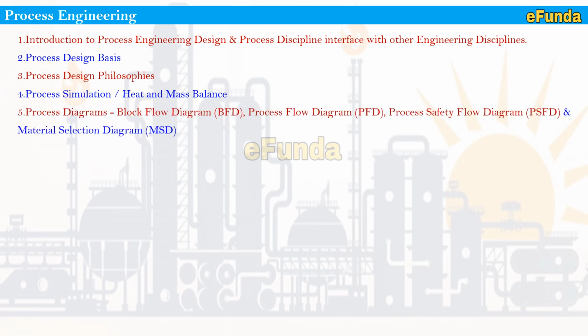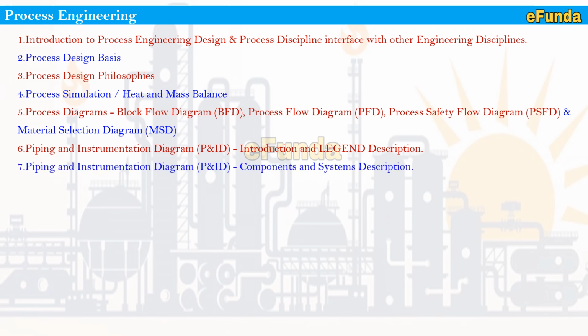Fifth, process diagrams, that is block diagram, BFD, process flow diagram, PFD, process safety flow diagram, PSFD, and material selection diagram, MSD. Sixth, piping and instrumentation diagram, that is P&ID, for introduction, as well as the legend and descriptions used in a P&ID for further interpretation. Seven, piping and instrumentation diagram, P&ID, for components and system descriptions where they show the entire system.